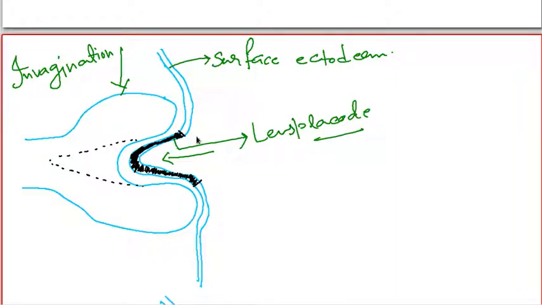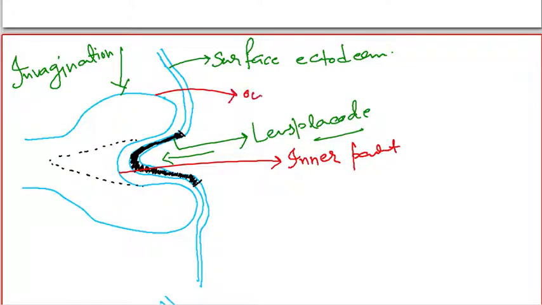Now this lens placode, when it is invaginating, is forming two layers of the optic vesicle. One is the inner part and the other is the outer part.